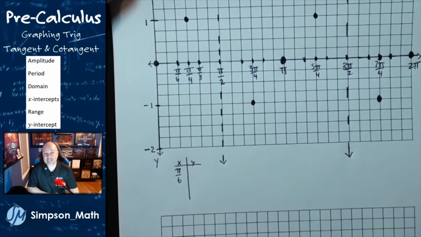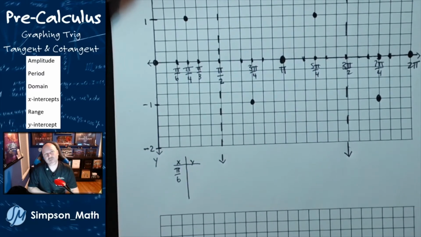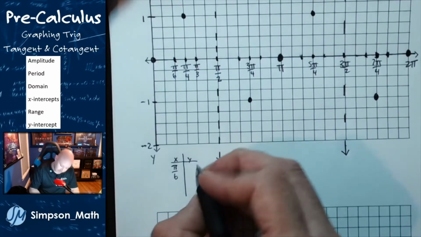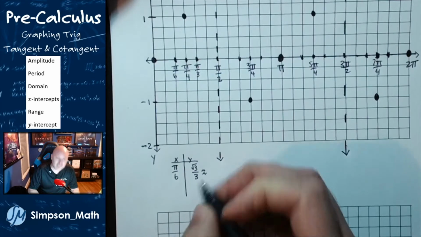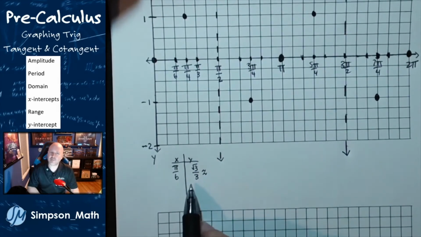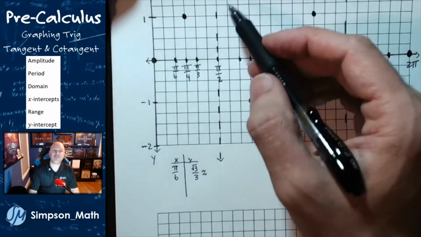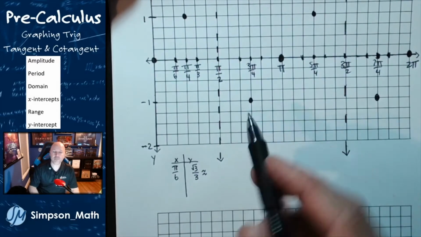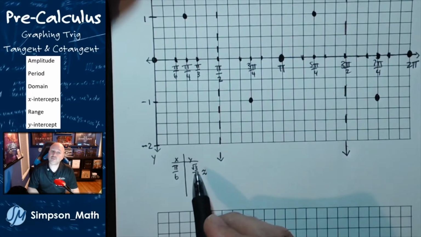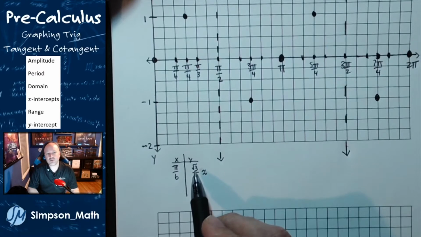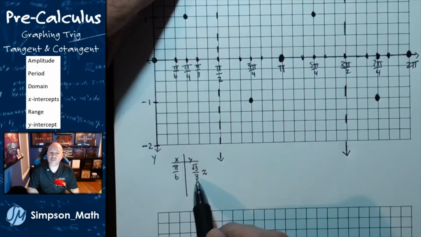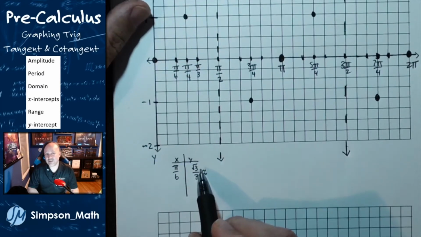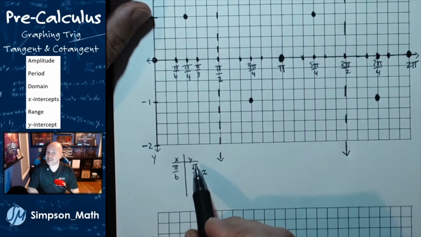If I plug in pi 6 into the tangent function, tangent of pi 6 is root 3 over 3. That's the exact value. But if I want a decimal approximation to help me visualize where that point actually is, I can estimate. Root 3 is bigger than 1, less than 2. It's really close to 1.7, but I'm about to divide that number by 3. So 17 divided by 3 does not sound fun, but 18 does.